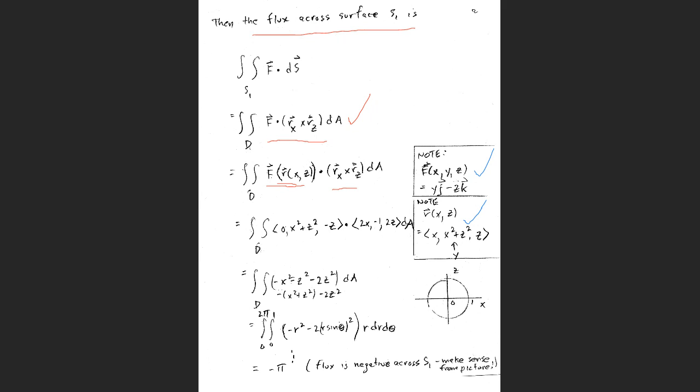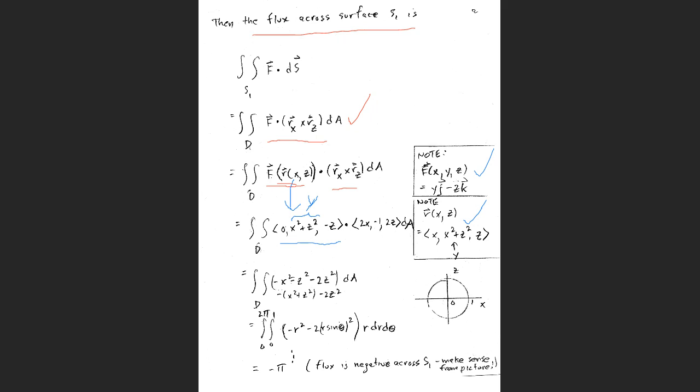That helps me identify F of our field. The field has a j component y and a k component negative z.